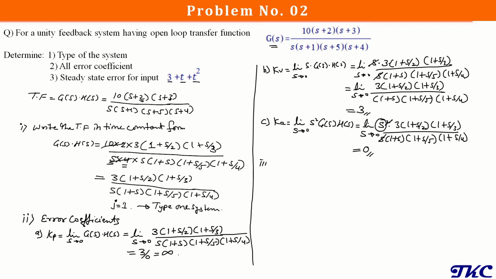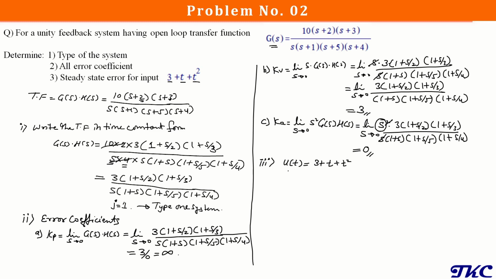So let's find that. The input that we have here is u of t is equal to 3 plus t plus t square. Now we can take the Laplace transform so that we have the input in a favorable form.